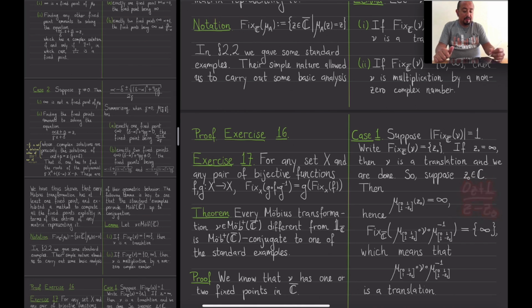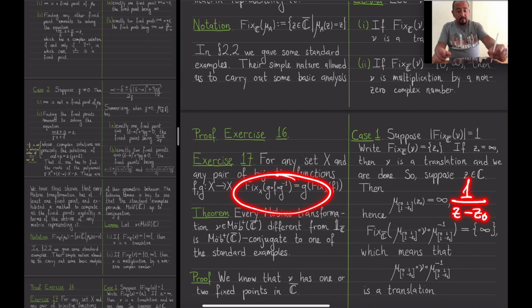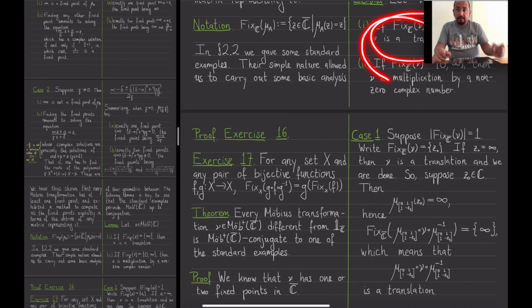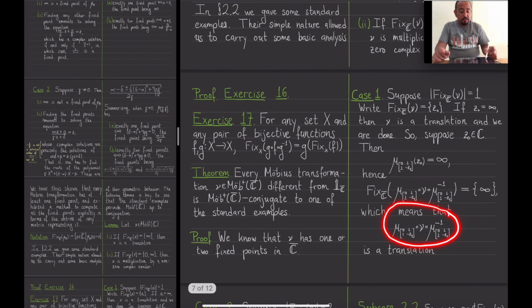So this expression, 1 divided by z minus z0, gives me a Möbius transformation and sends z0 to infinity, which is what I needed. And then this conjugation is a translation.